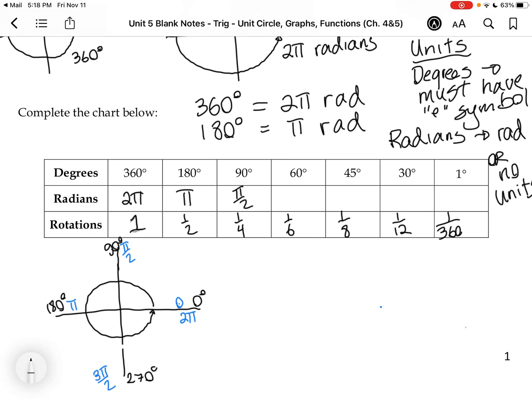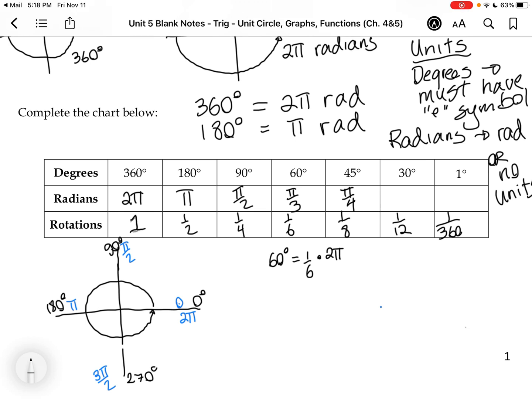I'm not going to go exactly in order. 45 is half of 90, so half of pi over 2 is pi over 4. 60 degrees is 1/6 of a rotation. If 1 full rotation is 2 pi, 60 degrees is going to be 1/6 of a rotation times 2 pi, and that's 2 pi over 6, or pi over 3.